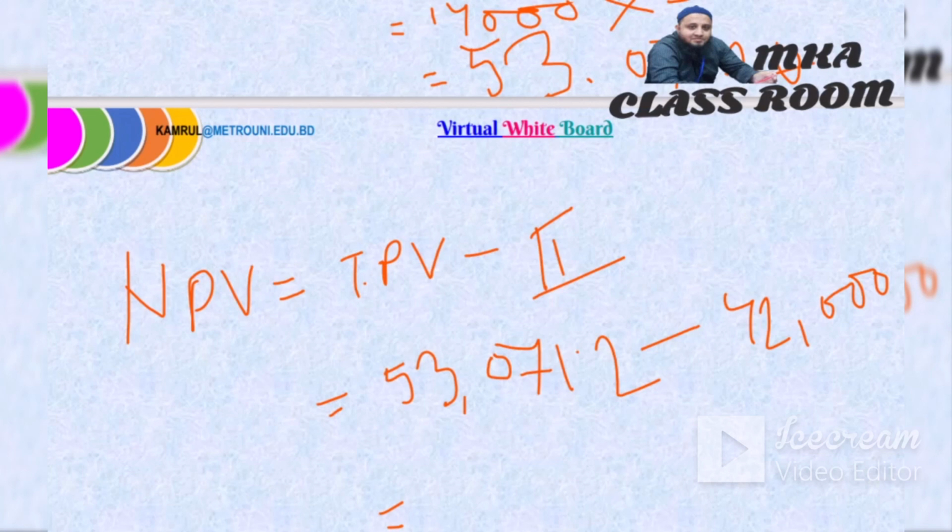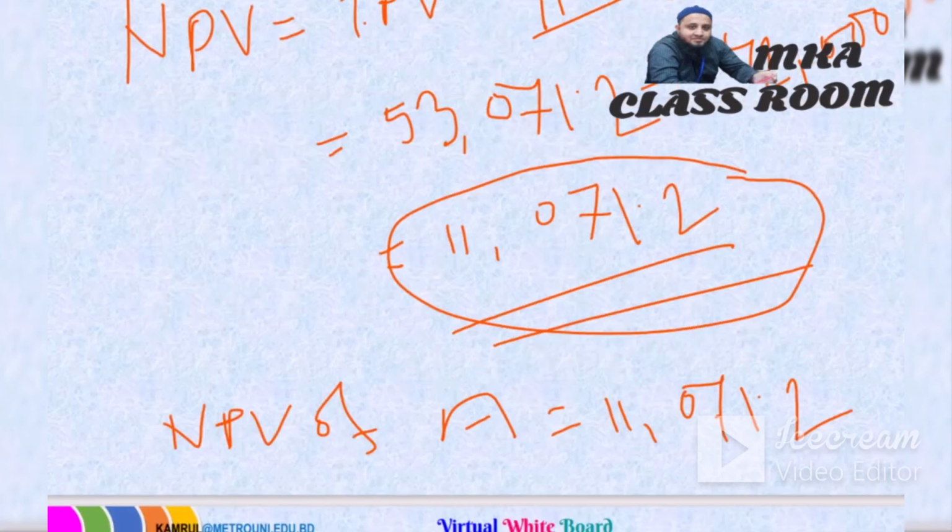That is our net present value of project A.